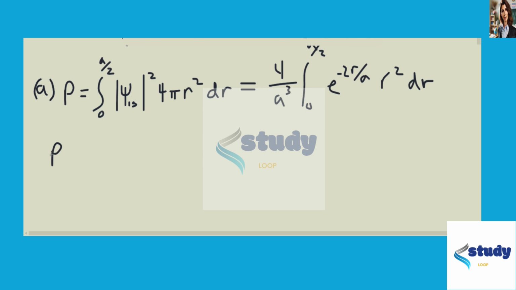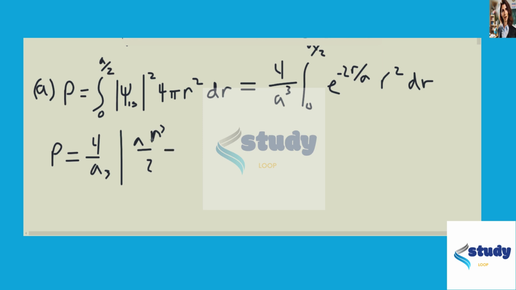So what I have here is the probability P is equal to 4 over a cubed, and this comes out to equal a r squared over 2. Again, a series expansion and then using integration by parts would be the correct way, but this could be lengthy.